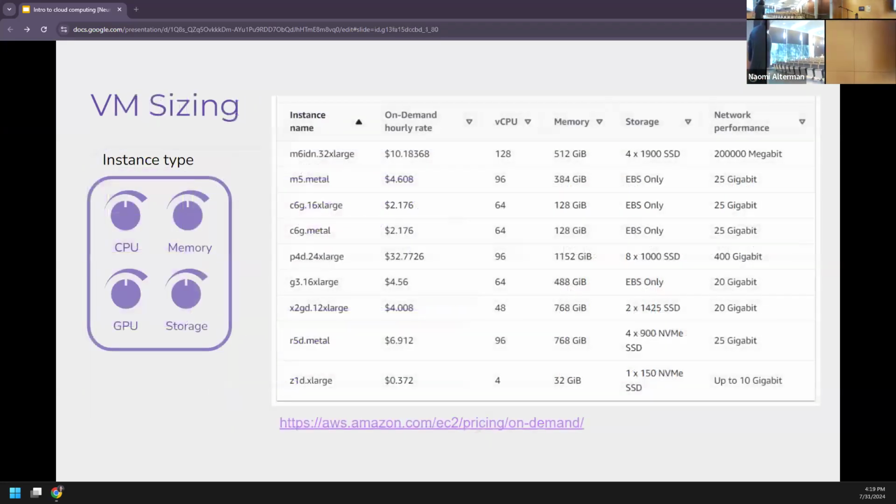So drilling down more into VM sizing, that is the instance types that we're using here, there are a lot of different ones. If you are familiar with bicycle gears, forgive the tangent for a second. There are sets of gears in a bike, and so if you change your major gear to 1, then there are these minor variations of minor gear 1 through 16, and then major gear 2, minor gears 1 through 16.